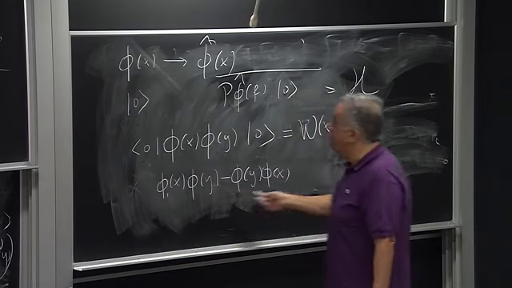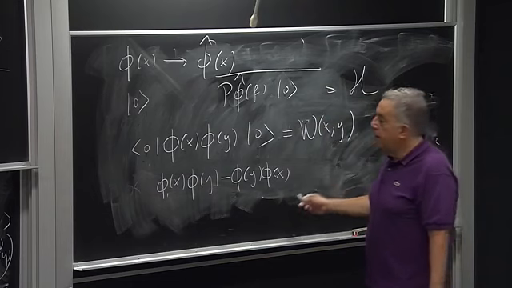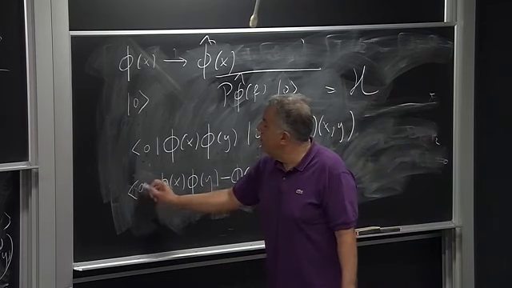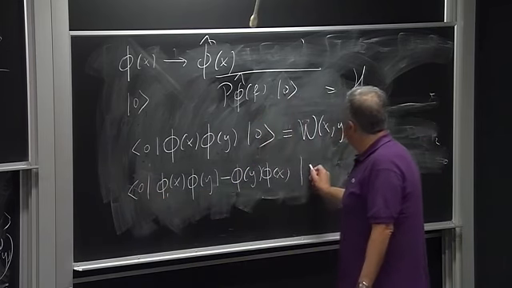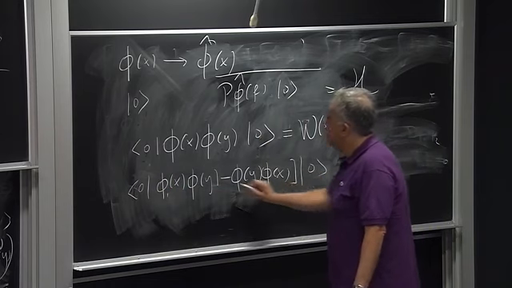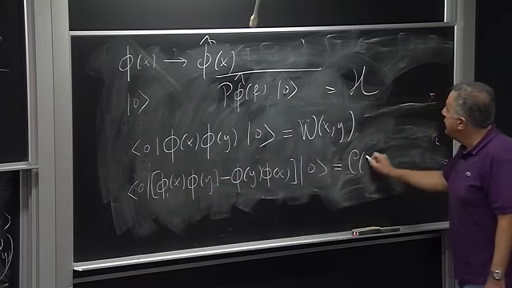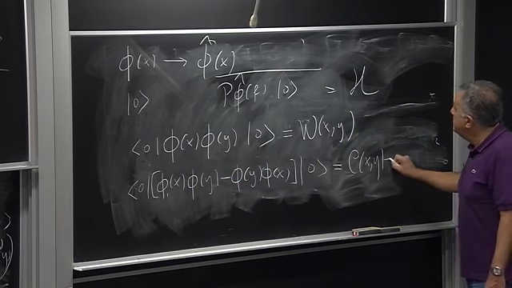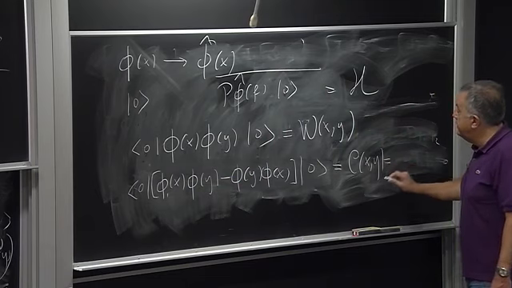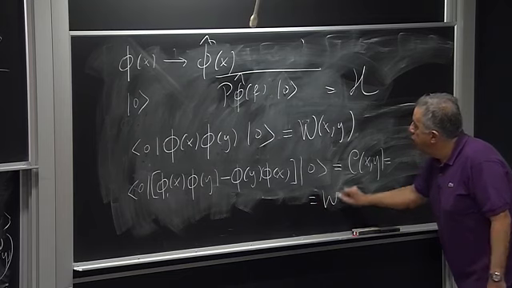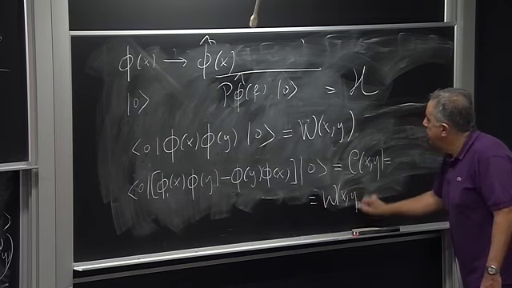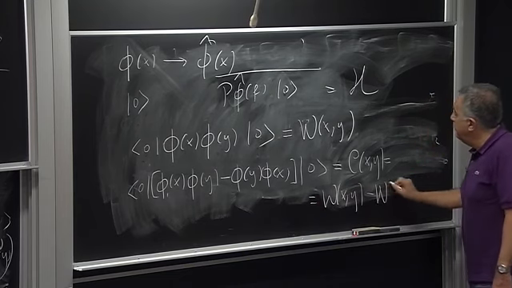Since the commutator is a multiple of the identity, we can take the vacuum expectation value of this difference, which tells you that the commutator has to be the difference of the two-point function and the permuted two-point function.